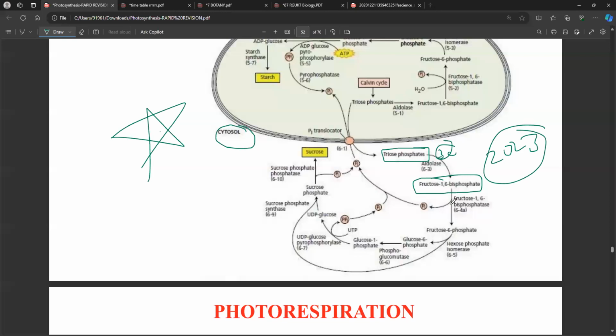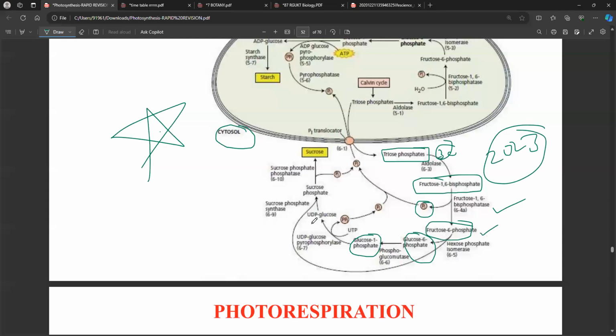That fructose 1,6-bisphosphate, treated by the bisphosphatase enzyme, loses a phosphate group and is converted into fructose 6-phosphate. Fructose 6-phosphate converts into its isomer glucose 6-phosphate. Glucose 6-phosphate, with a change in the position of the phosphate group, is converted into glucose 1-phosphate.